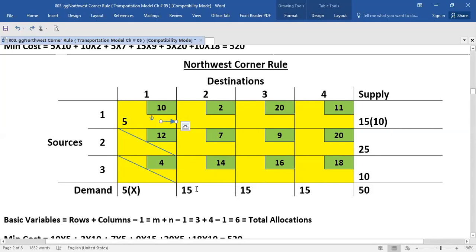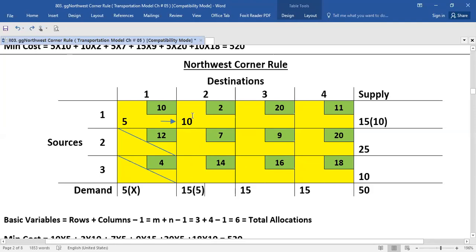Which one is minimum? 10 is minimum. So you will allocate 10, and after the allocation, you will check how much is remaining in demand and in supply.